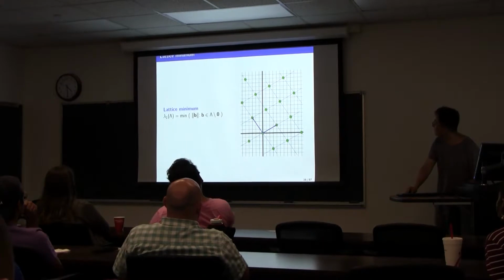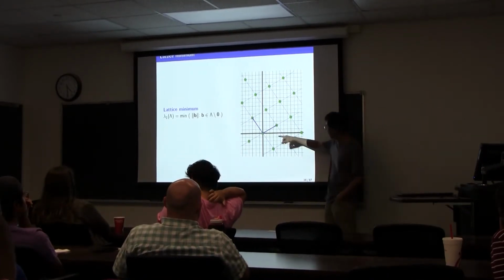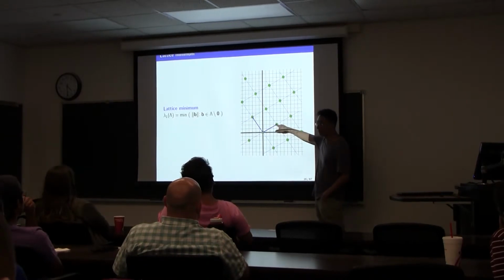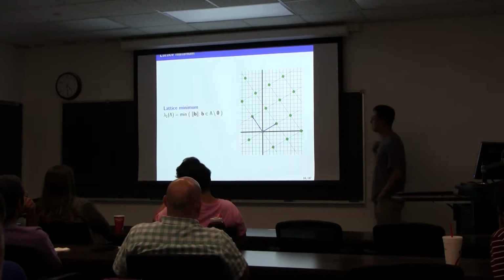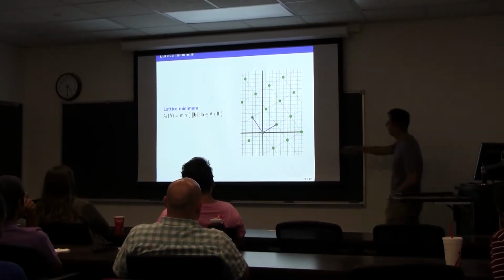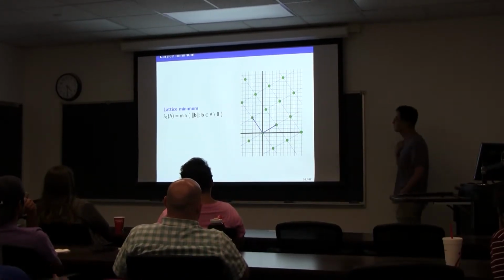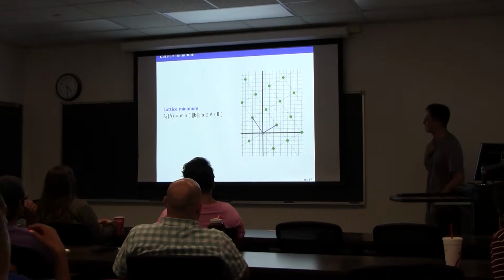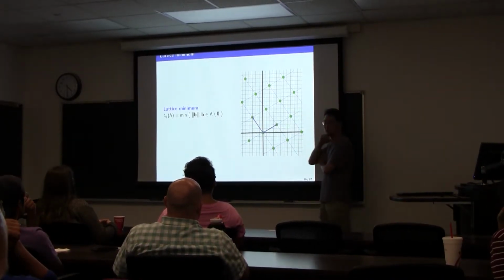And then here is an example of a two-dimensional lattice. Looking at the picture, I start with one vector over here, and I start with the other vector, and then I compute their integral linear span. Then I get all the green dot points over here in the space. So all the green dot points form a lattice generated by these two basis vectors. Okay.